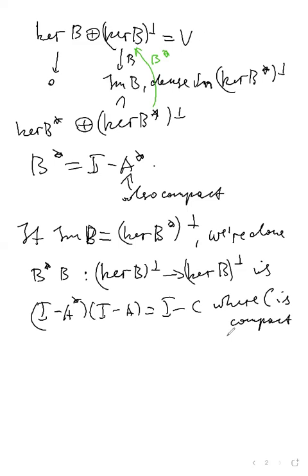What is C? Well, C is minus A star minus A plus A star A, and we basically use the fact that compact operators form a two-sided ideal in the space of all operators, which is not very hard to prove from the definition.